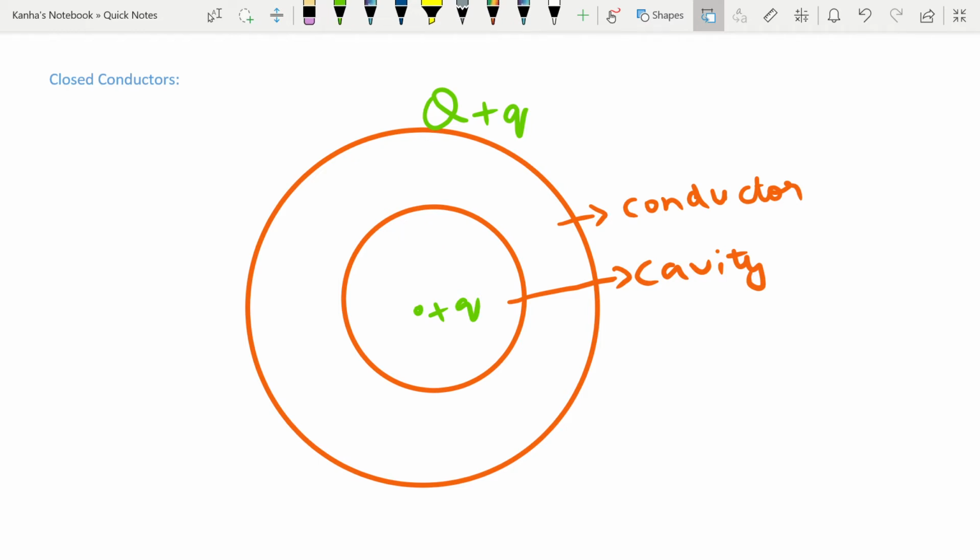I'll just keep this same figure here. In the same conditions, let's see what the electrical fields are at different points.